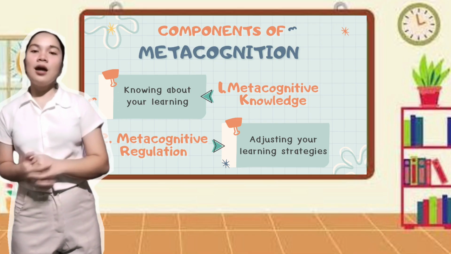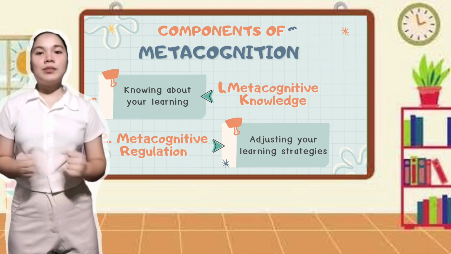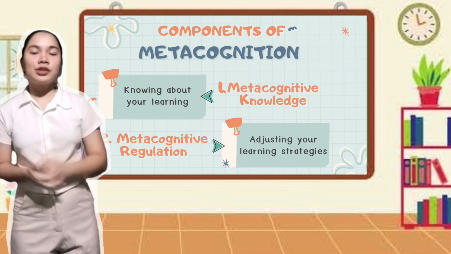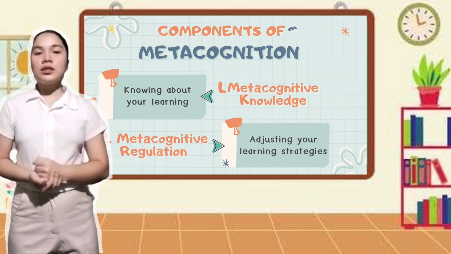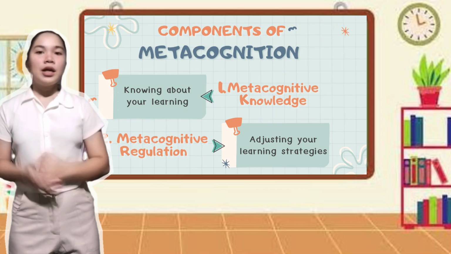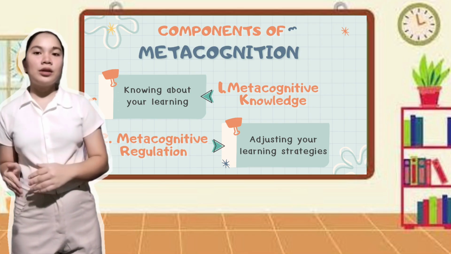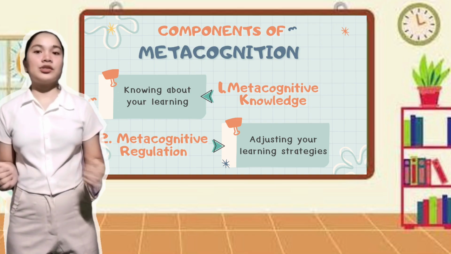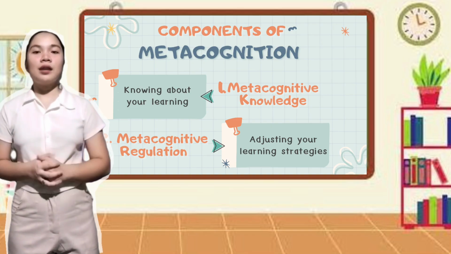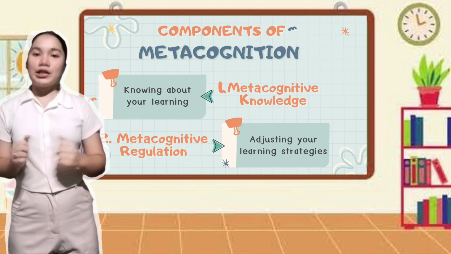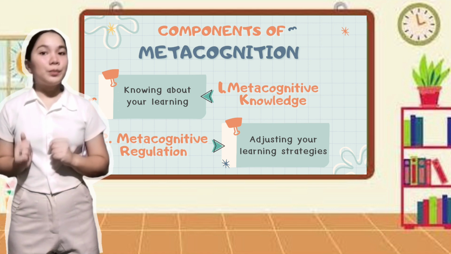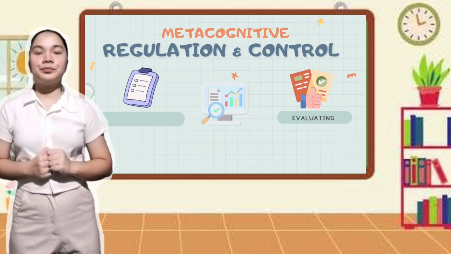And for the metacognitive regulation, it means adjusting learning strategies. Once you notice something's not working, you take action to fix it. Maybe you slow down, reread, or try a new strategy. That's metacognitive regulation, adjusting your plan to improve your learning.